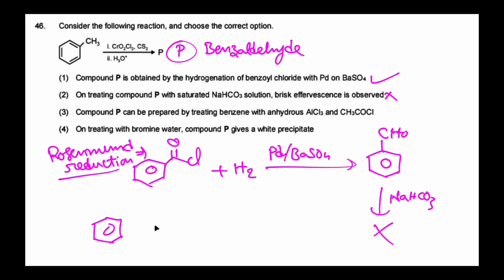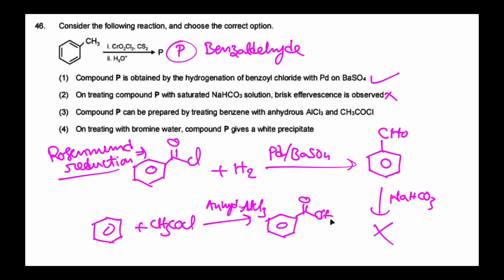That is option 3. Benzene treated with CH3COCl in presence of anhydrous AlCl3 is a Friedel-Crafts acylation reaction. We will get acetophenone but not benzaldehyde. So this is also a wrong option.